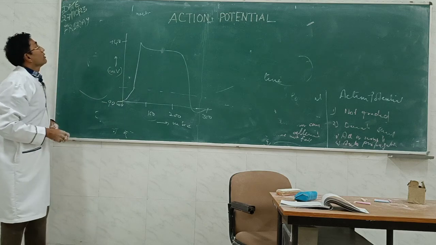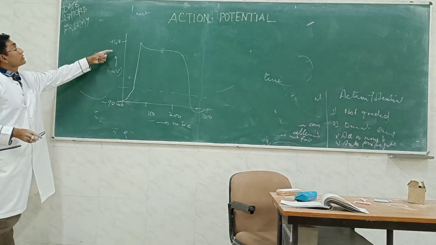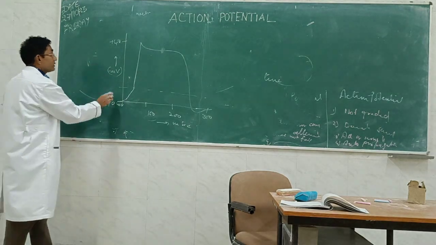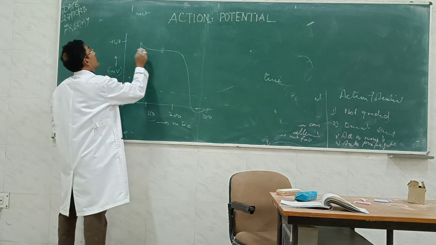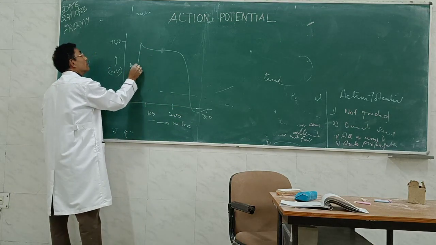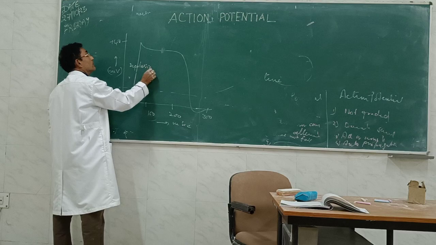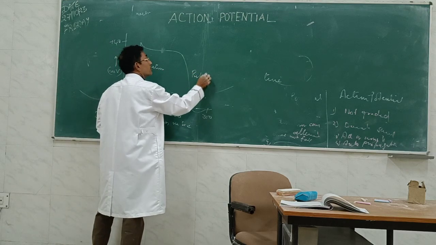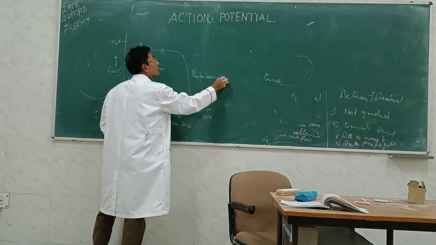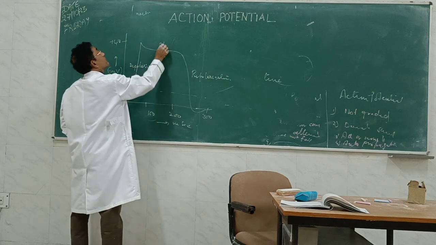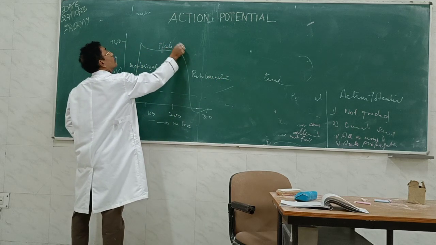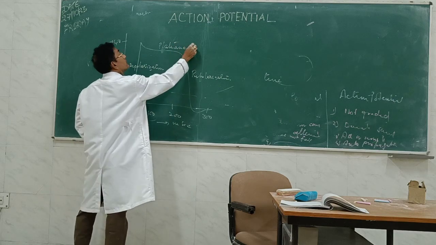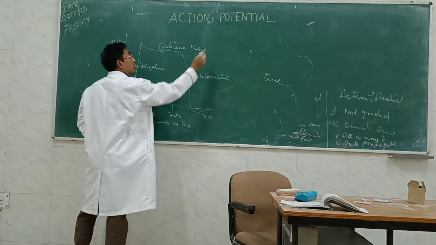That is the strength, that is the y-axis, and this is the x-axis. And the phases, if we talk about, this is depolarization, this is repolarization, and this is the plateau phase. This is the plateau phase. Repolarization.